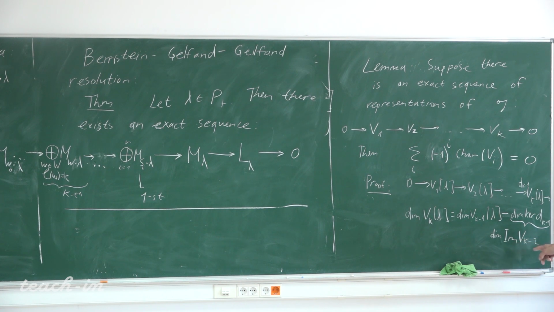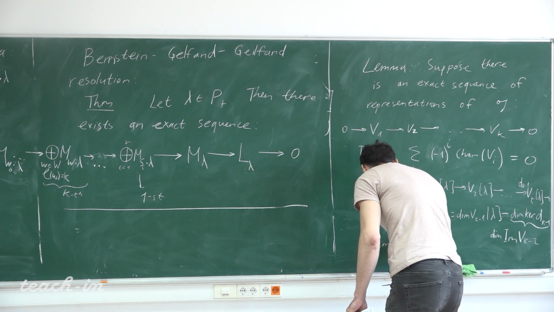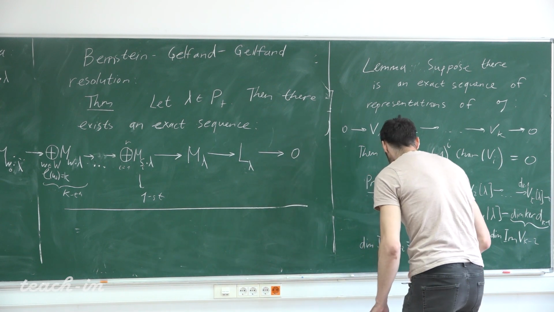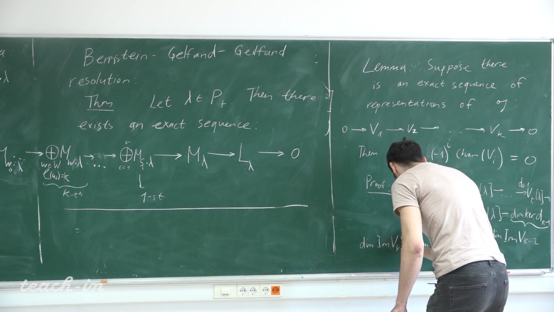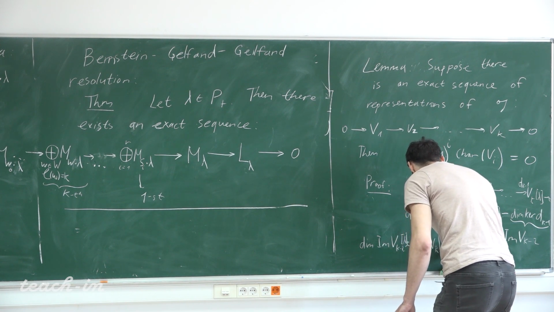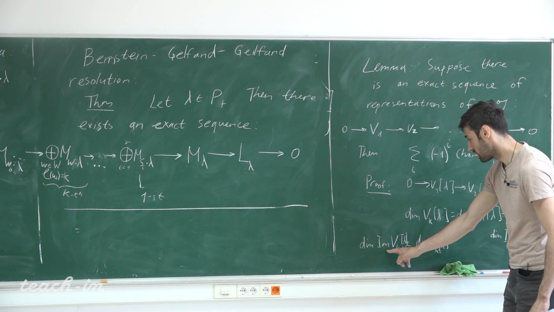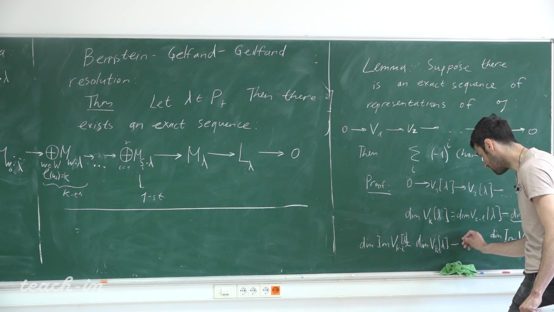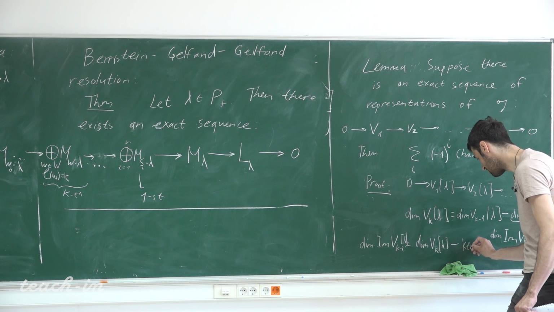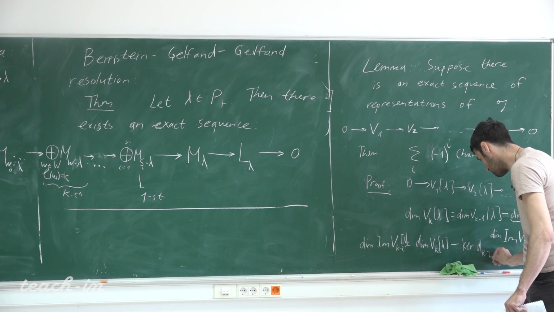But then the dimension of the image of d(k minus 2) is the dimension of V(k minus 2), of course I should put lambdas everywhere, minus the kernel of the map d(k minus 2).